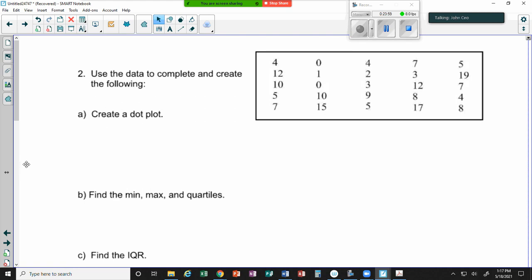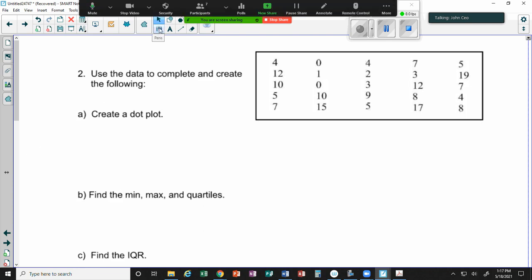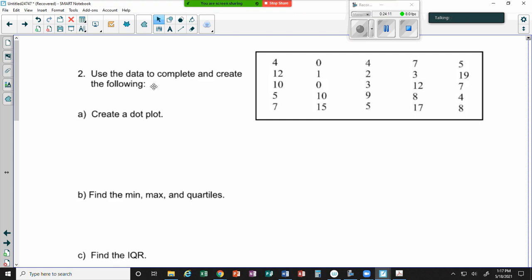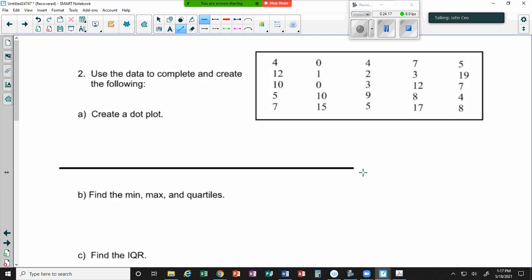So create a dot plot. Well, that's what we did last week, so we're going to make a dot plot. So what does my data have to go from what to what? 0 to 19. Okay, so I'm going to draw a line in there.